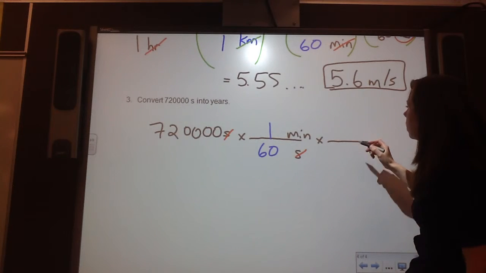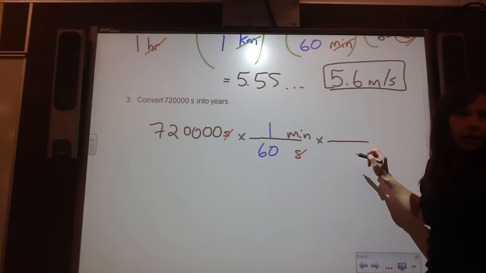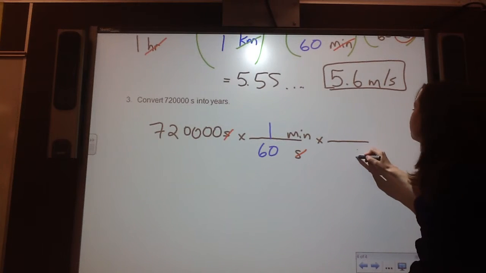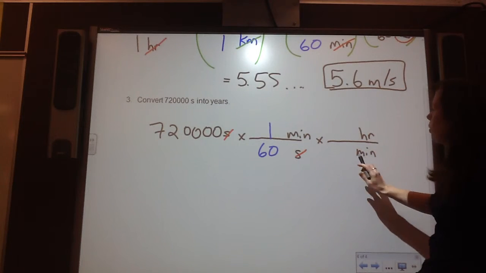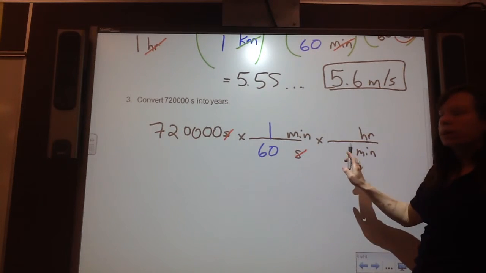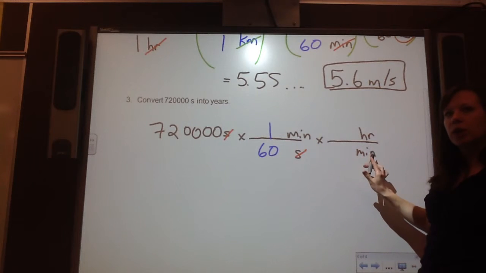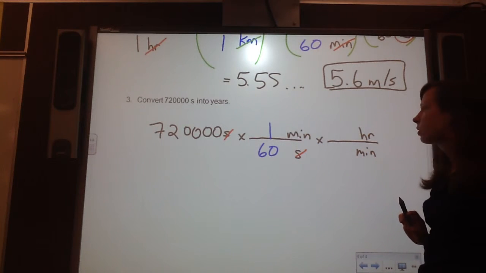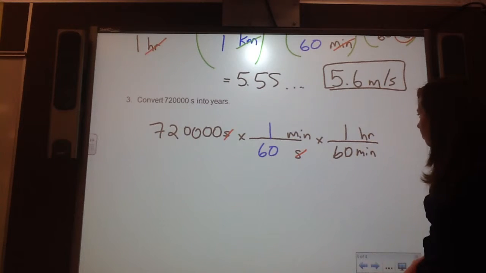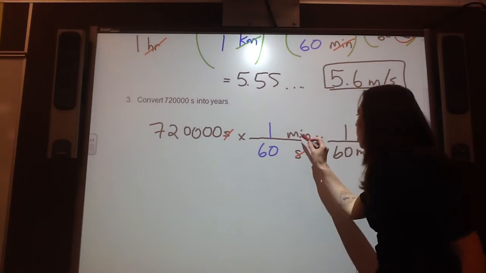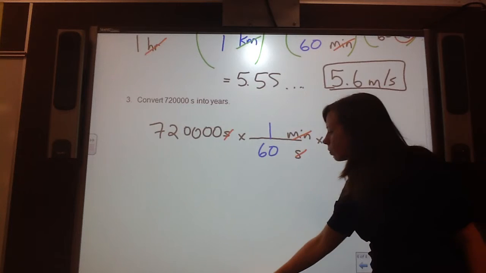Hours. So where do my minutes go? Top, bottom? Bottom. Well, I want the minutes to cross off. The minutes are on top here, so I want them to cross off, so they need to go on the bottom to cancel it out. 60 minutes in every 1 hour. So I can cross off my minutes.